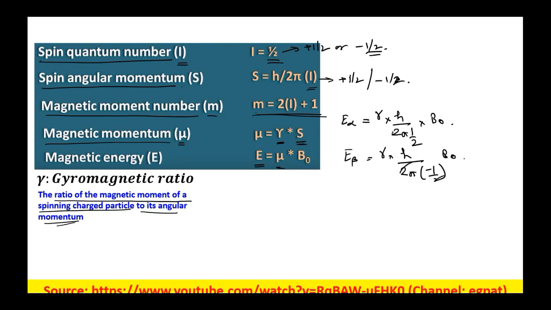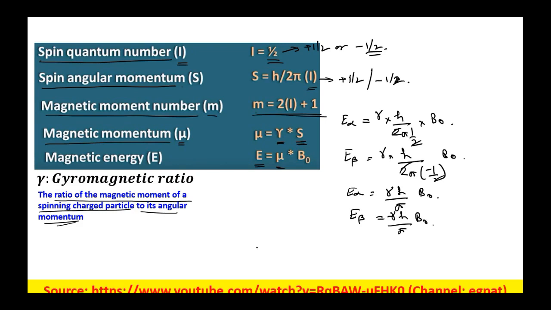So this cancels out. We get E alpha equals gamma h by pi B naught, and E beta equals minus gamma h by pi B naught.